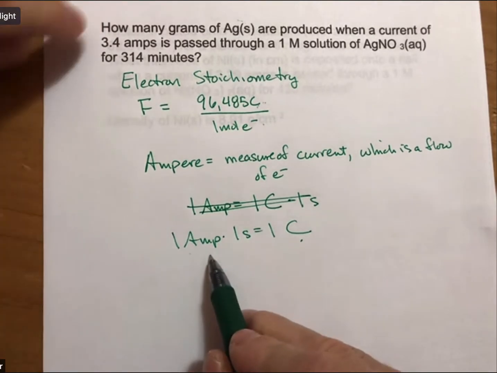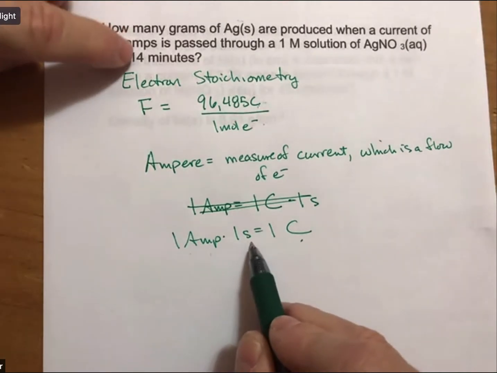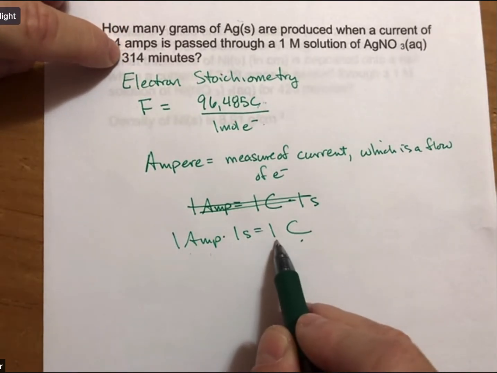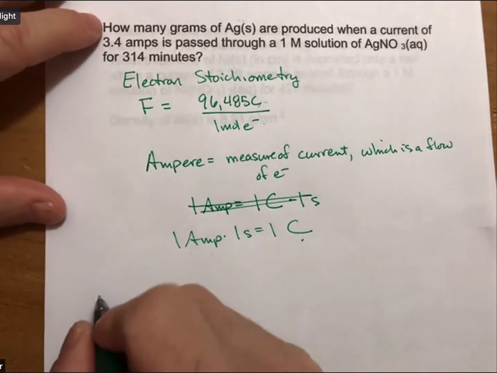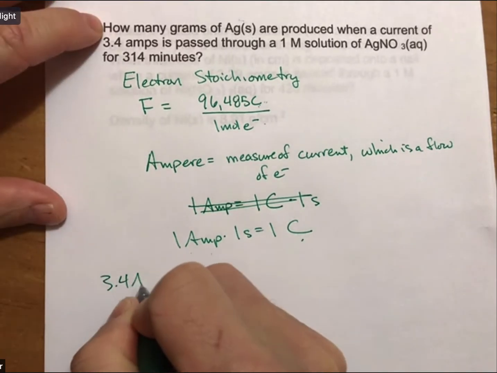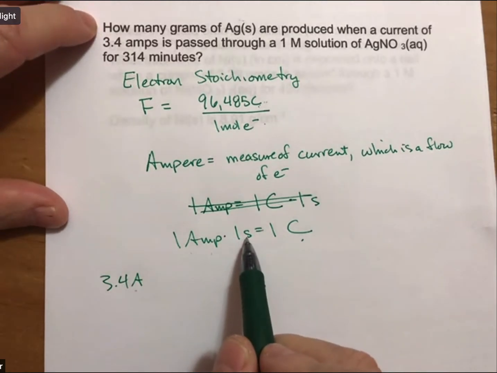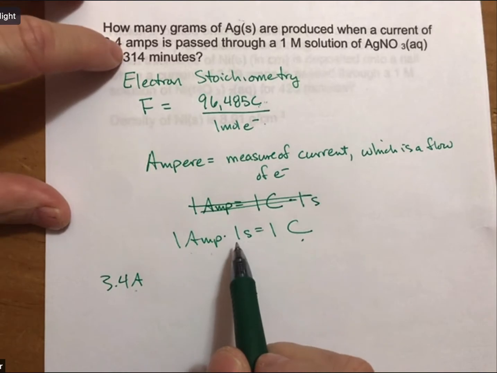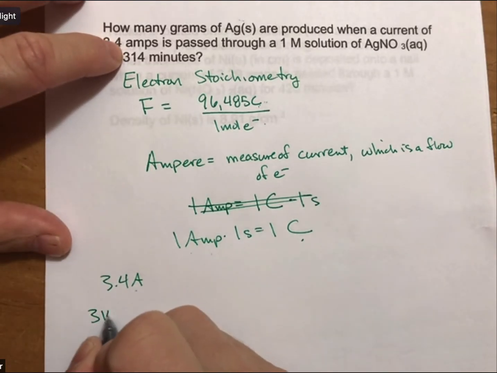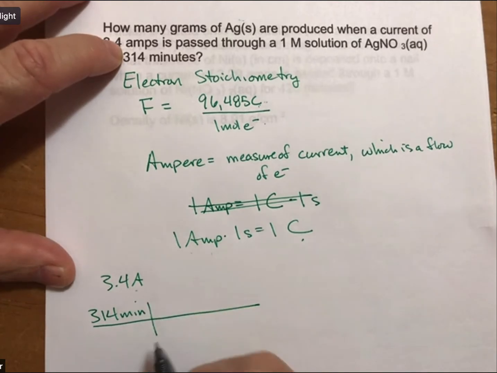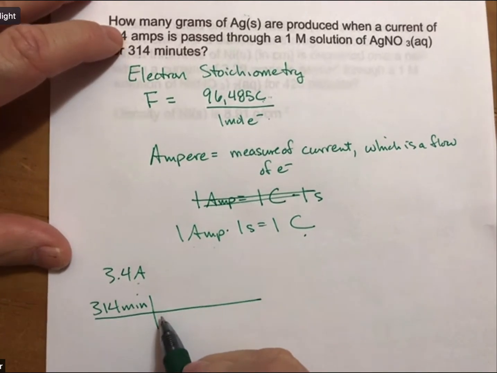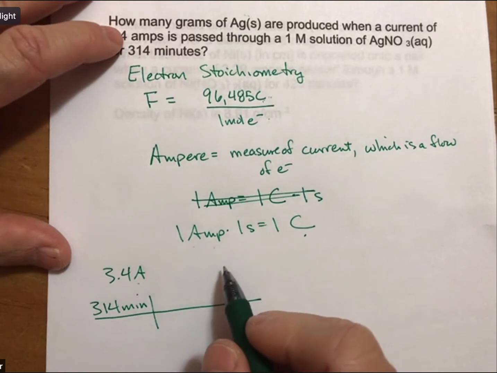So we're going to take our amps times our seconds and then convert them into coulombs. So we have 3.4 amps. And the symbol for amps is just going to be capital A. And I need my number of seconds. So I'm going to take my 314 minutes and convert it into seconds.